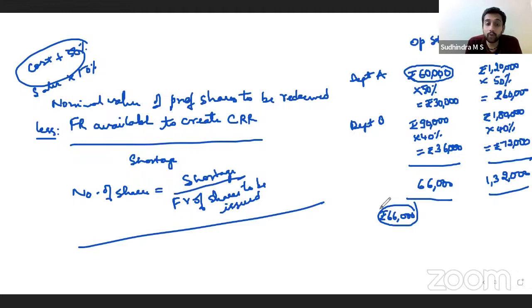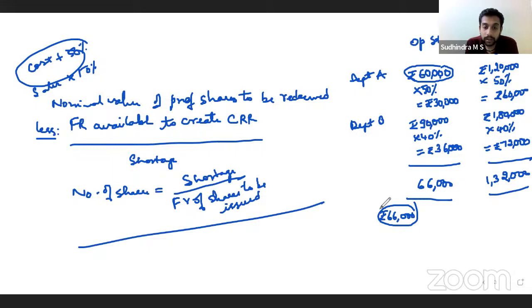And rupees 1,32,000, which is unrealized profit of current year, shall be recognized during the year by debiting P&L account.